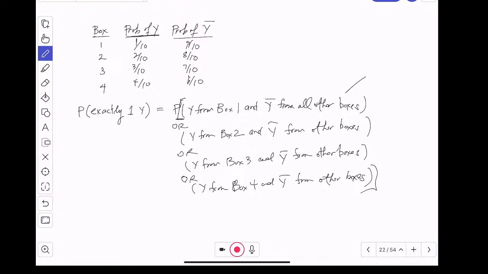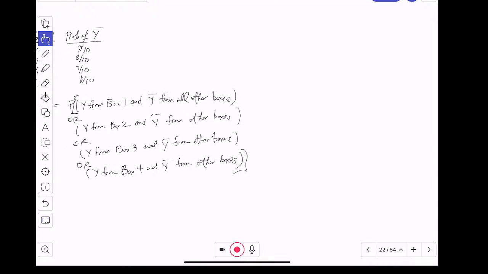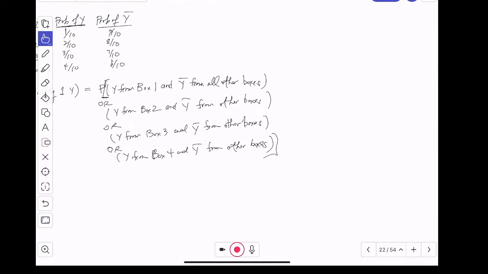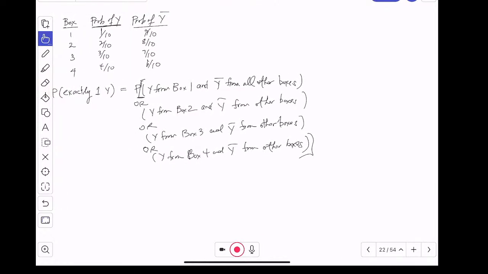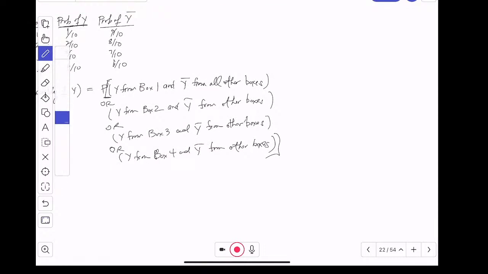What's the probability of this? Well, I'll make some space here. So the probability of this: a yellow from box 1, chance is 1/10.